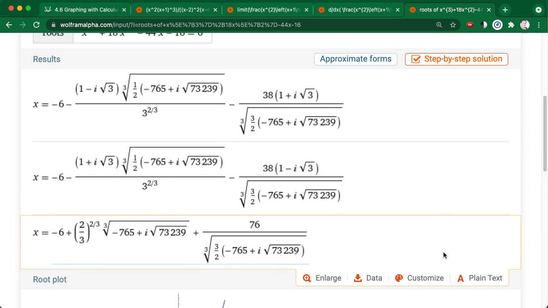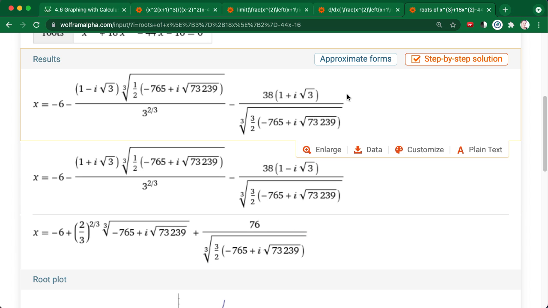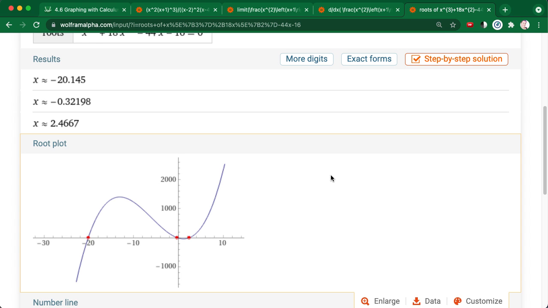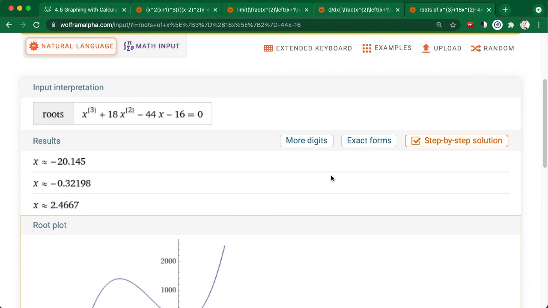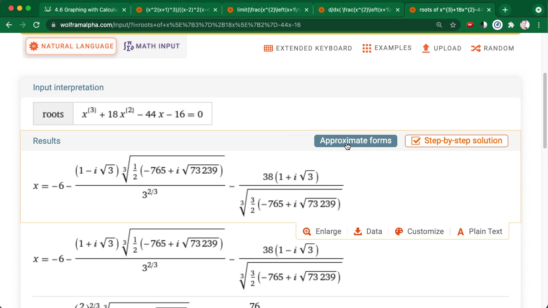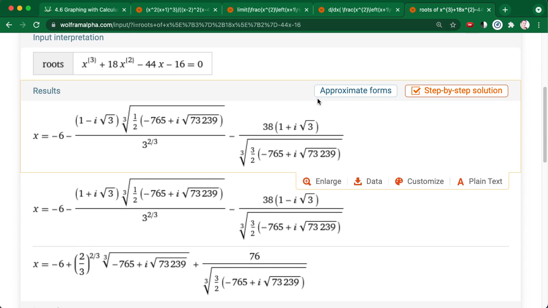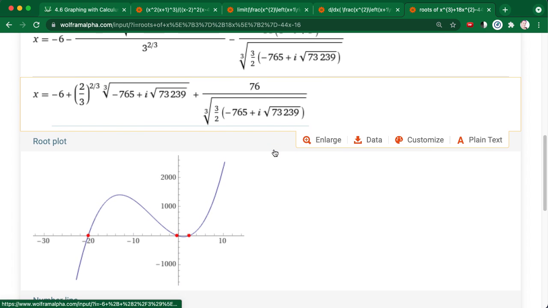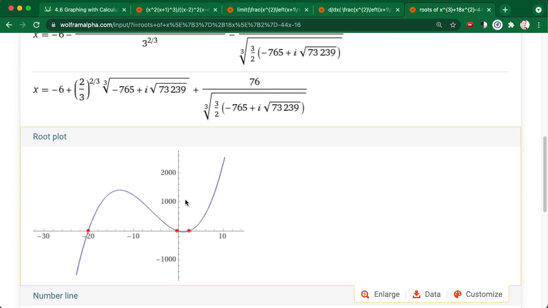Okay, it gave me those roots in exact form. I'm going to ask for approximate forms. And it looks like there are 3 roots to that polynomial, which is a little bit frustrating. I want to go back to the exact forms, because in the exact forms it has i's in it. But that function we see, it shows 3 real roots.